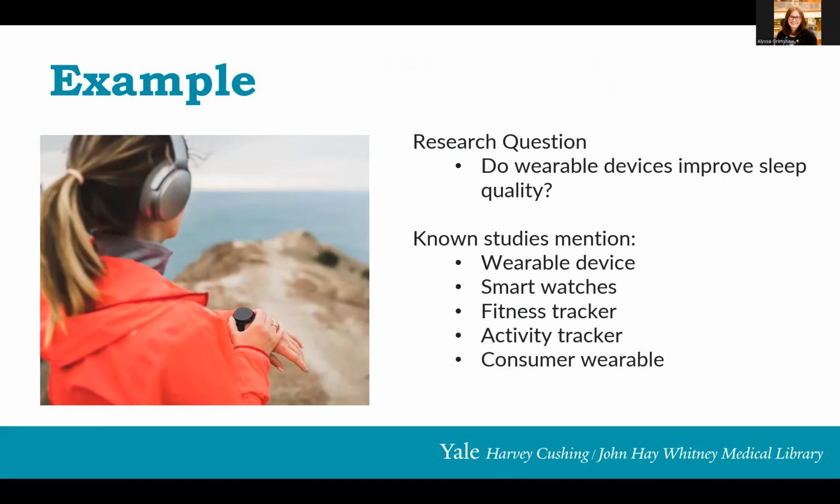So if I took our known studies and harvested the data within the indexing, I might identify additional words like smartwatches, fitness tracker, activity tracker, maybe even just the term wearables. So it's really important for us to look at how it's being described so we know how large or narrow we can scope our keyword searches. And so it's just important to know how others are describing these items.